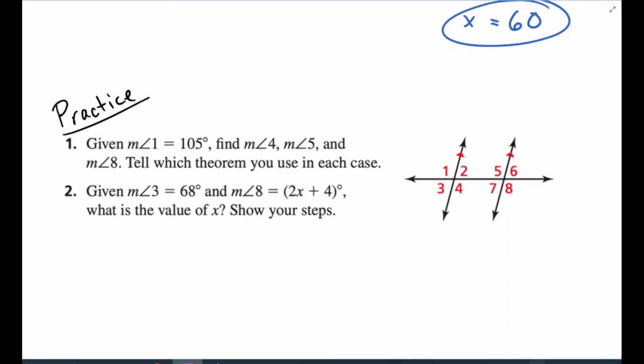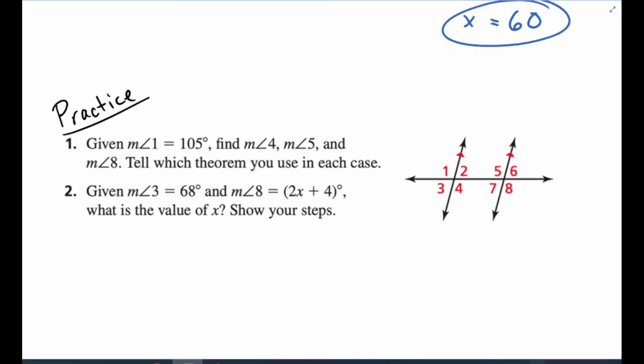Okay, for number 1, I'm just going to give the answers, speaking them. The measure of angle 4 is also going to be 105 degrees because angle 1 and angle 4 are vertical angles, so the vertical angle postulate. Angle 5 is also going to be 105 degrees because angle 4 and angle 5 are alternate interior angles.